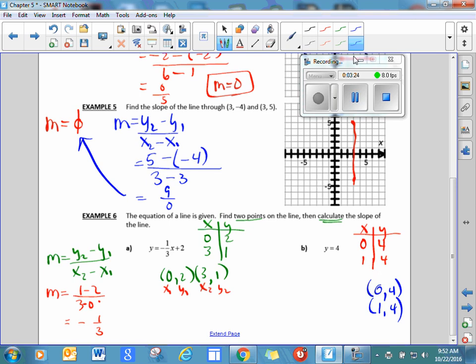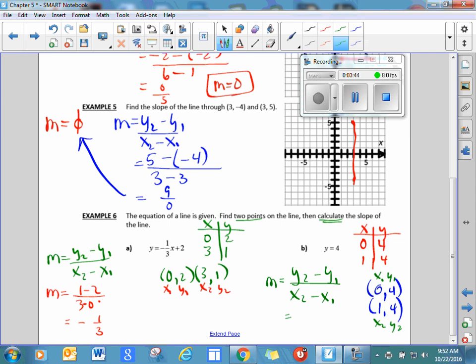So this is x1, y1, x2, y2, and I'm ready to calculate. The formula, of course, is y2 minus y1 over x2 minus x1.